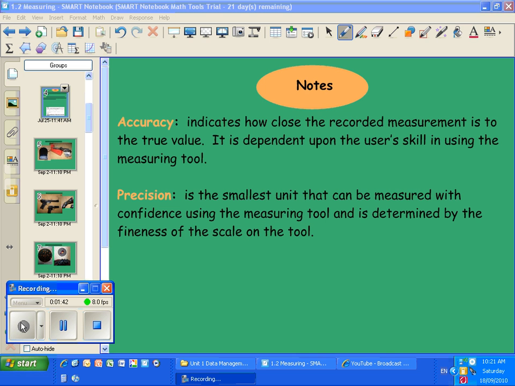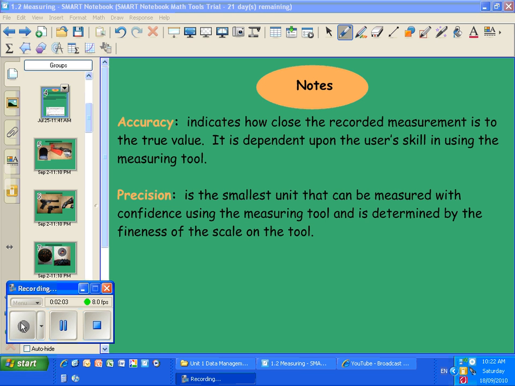So in each case, when we choose a tool, we're always going to go to the next level. If it's measured in centimeters, we'll go out to one decimal place. So we'll look at it and say, gee, it looks to be about 1.7, even though the scale is 1, 2, 3, and so on. So we'll always take it to one decimal place.